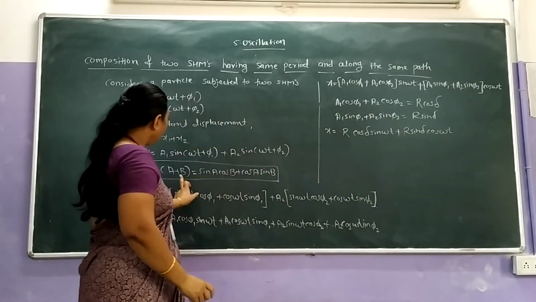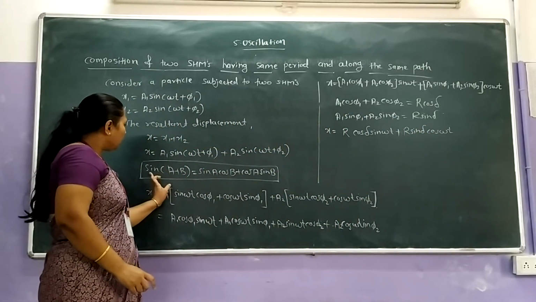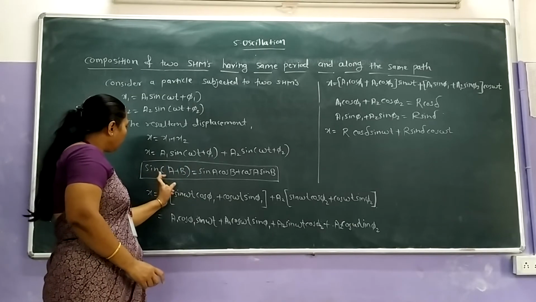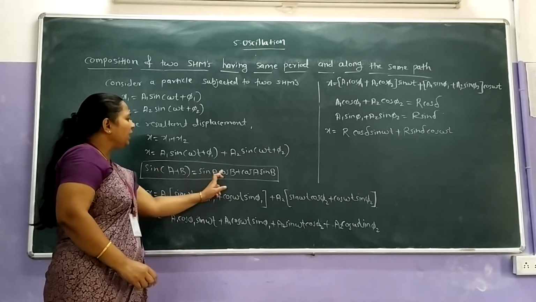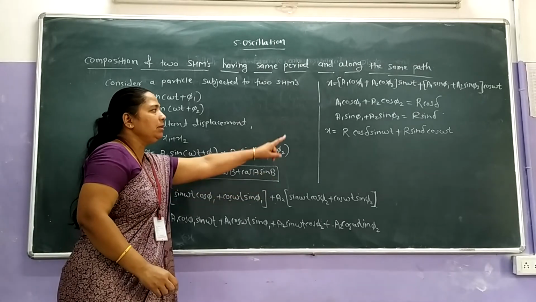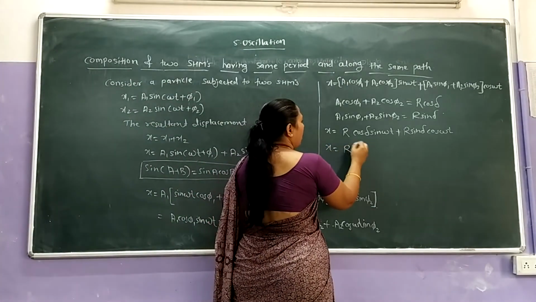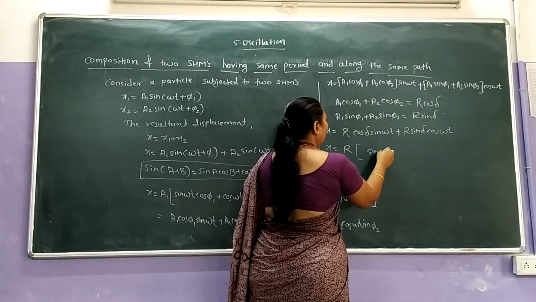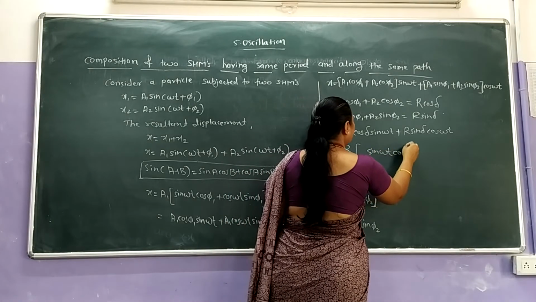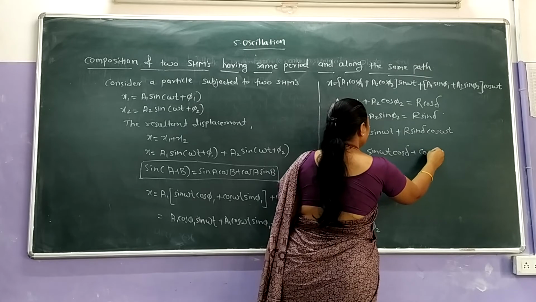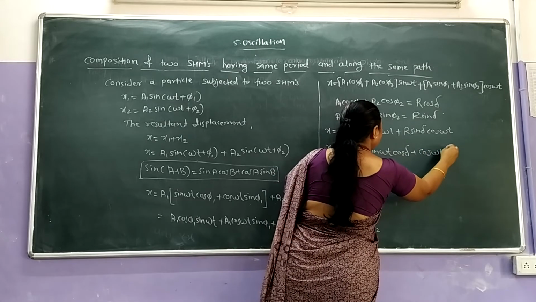Again, by using the trigonometric identity, sin of a plus b is equal to sin a cos b plus cos a sin b. Hence, x is equal to R times sin omega t cos delta plus cos omega t sin delta.